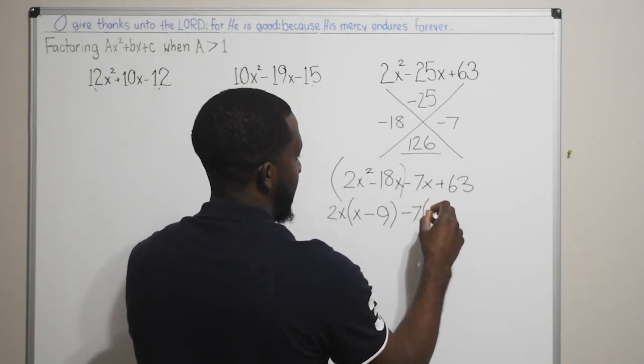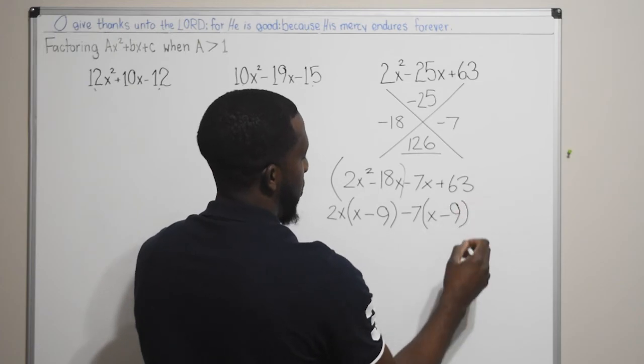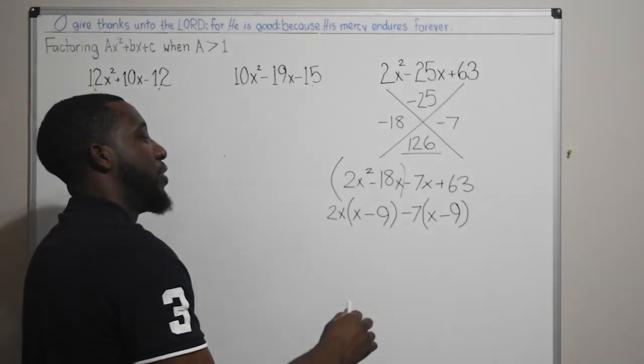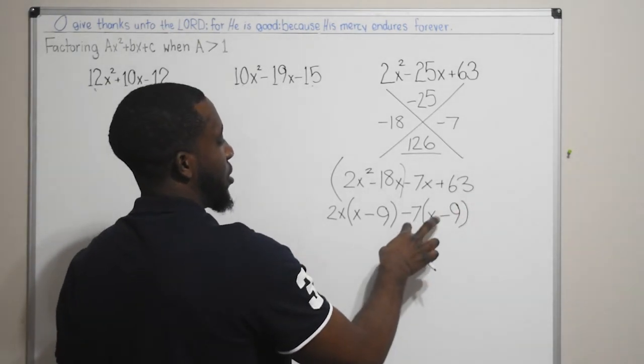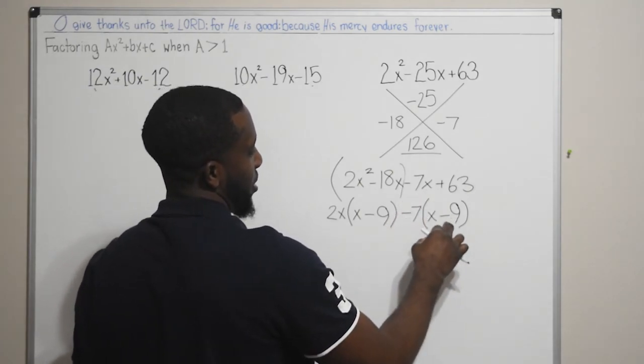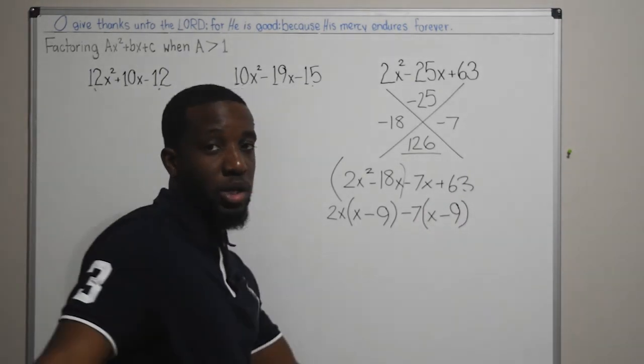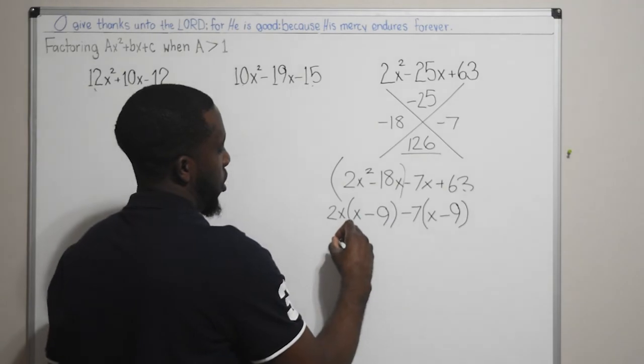And I get x. And, oh, see, look at that. Right there. All right. These two are the same. Negative 7 times x is negative 7x. And negative 7 times negative 9 is positive 63. These two are the same. We did it right.